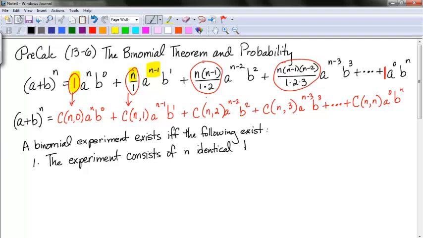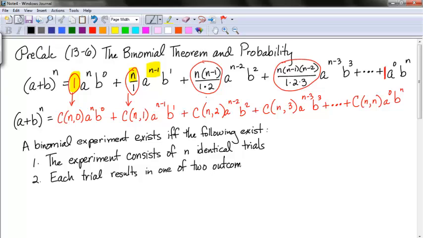That means, like, if I'm flipping a coin, I'm flipping the same coin, just flipping the coin in identical times, okay? Each trial results in one of 2 outcomes. It has to be binomial experiment, so there are only 2 outcomes.